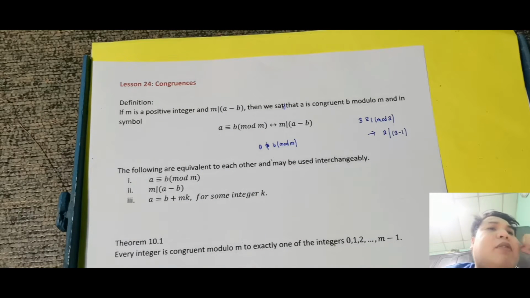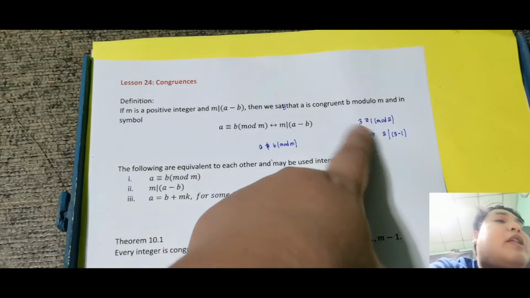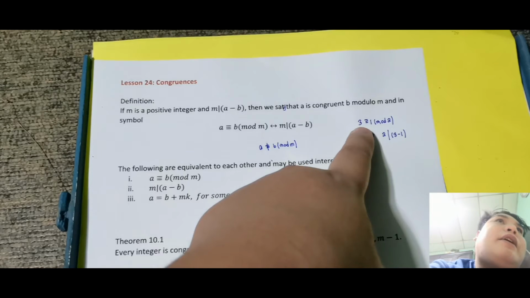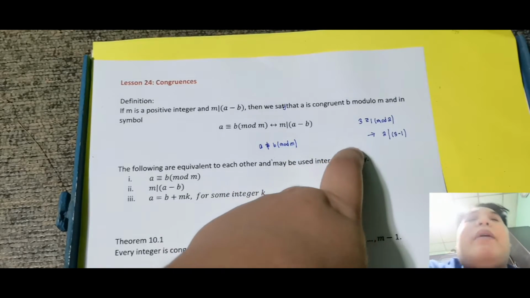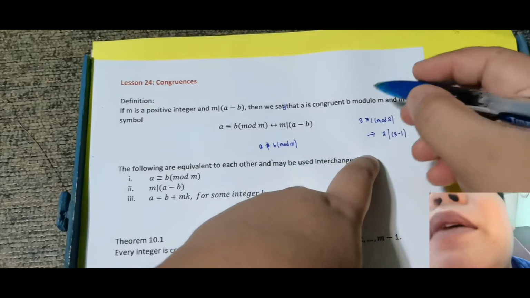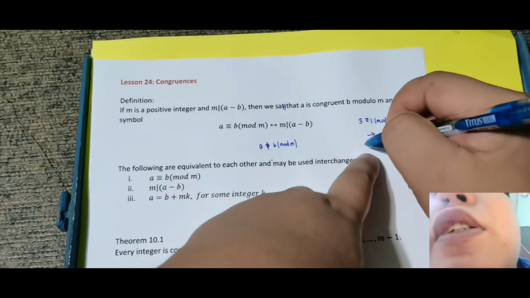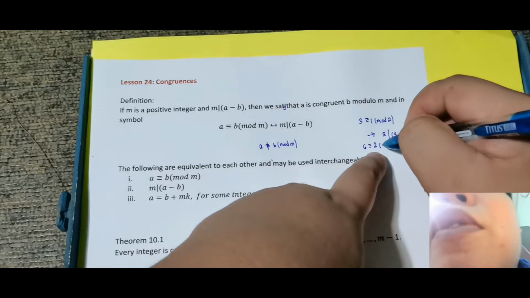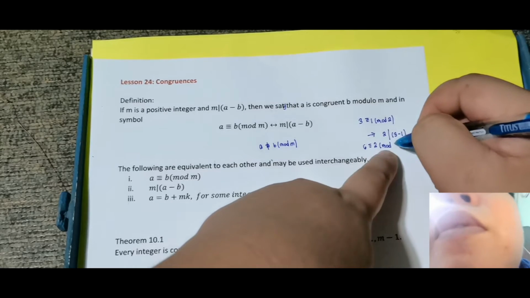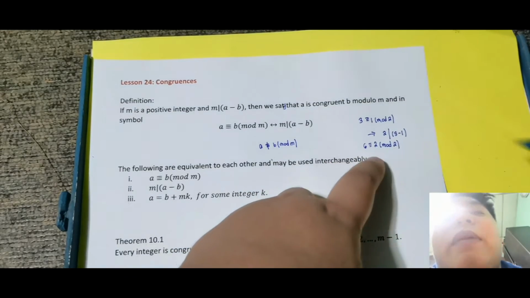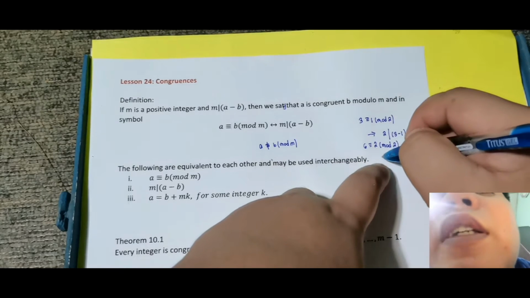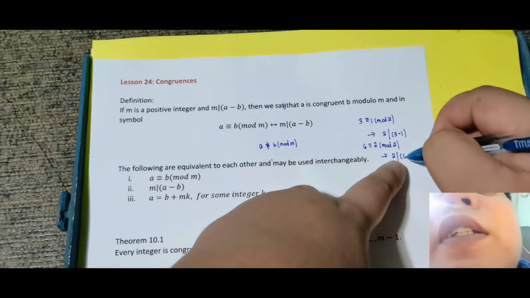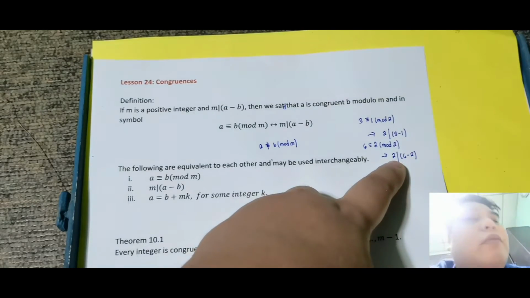Hindi yan fix na laging ganyan. Another thing na pwede dyan, kunyari 5 modulo 1, o kaya 6 congruent to 2 modulo 2. So possible din yan, sir. Bakit po? Because in symbol, this is if and only if 2 divides 6 minus 2.